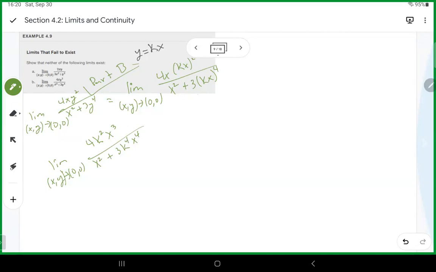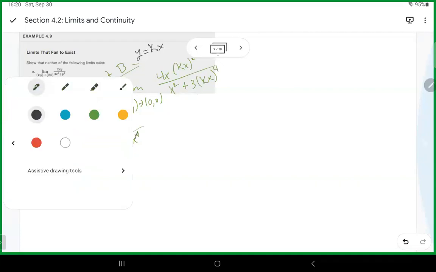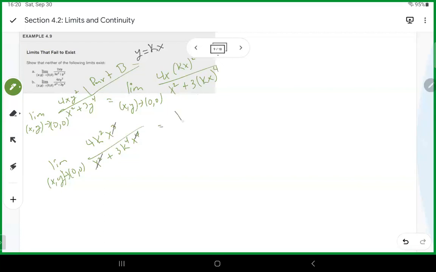Now we can get rid of an x squared everywhere because it's in all pieces. So we would end up with the limit as (x,y) goes to (0,0) of 4k squared x over 1 plus 3k to the fourth x squared.